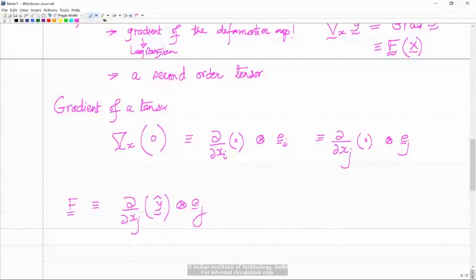I hope that all of you are following this tensor product. You are all aware, no, what is this tensor product? Anybody not aware about tensor product? Please write no if you don't know.